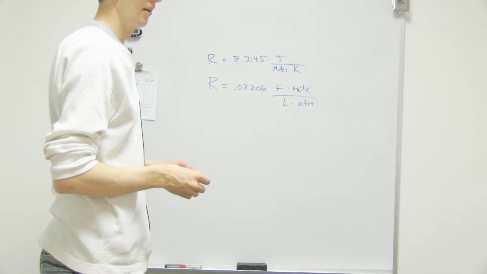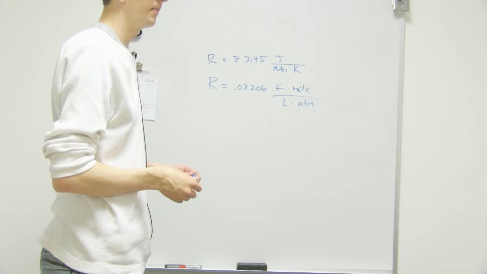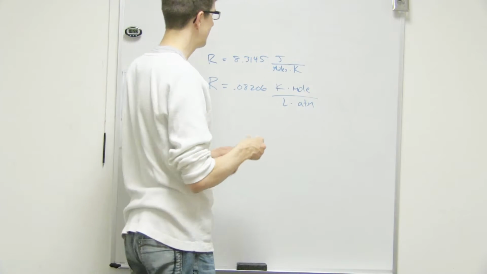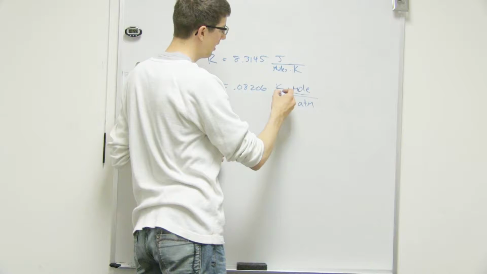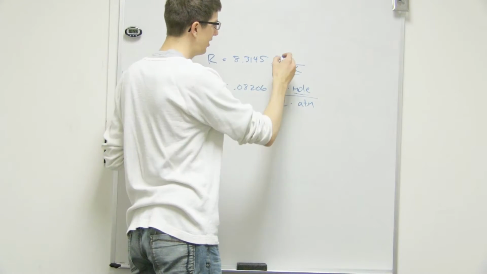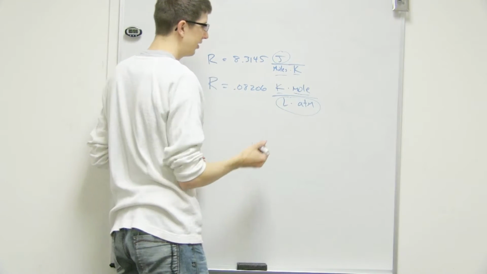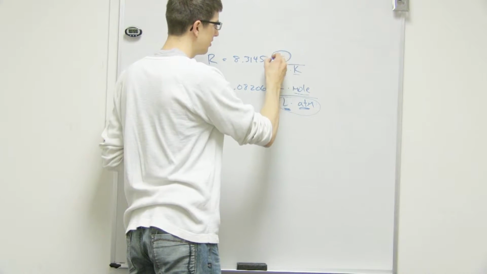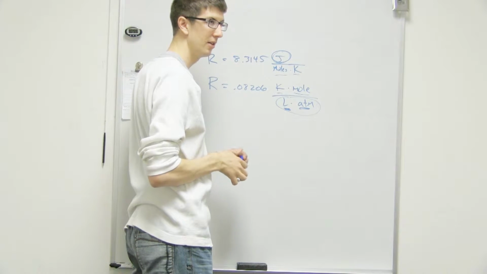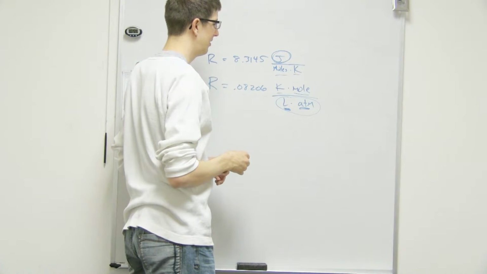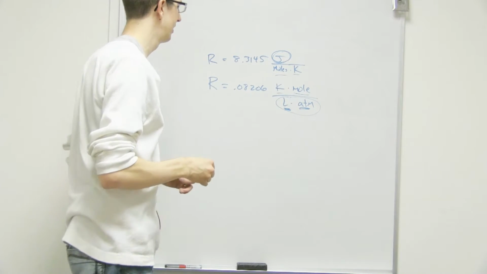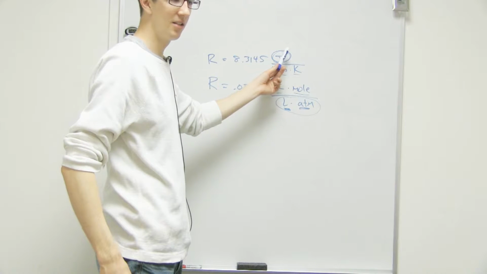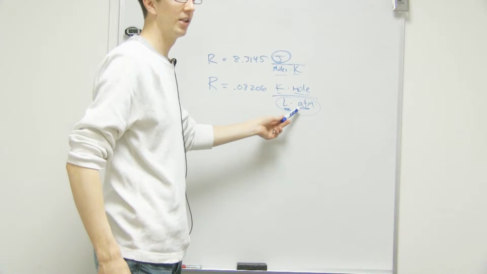So, the units are the best way to remember. You notice that mole and Kelvin are similar here, right? The only difference is here and here. This deals with volume and pressure. This deals with joules. These are technically forms of energy, but joules we usually think of as heat, and this one we usually deal with changes in volume.